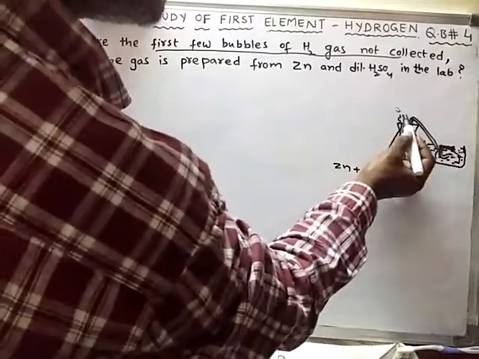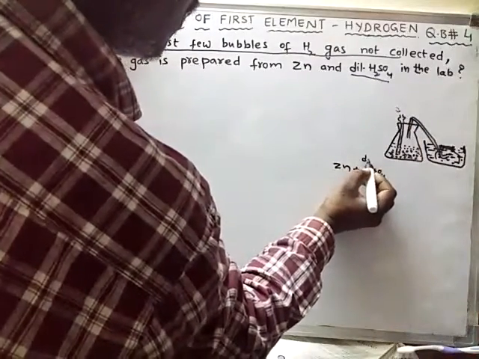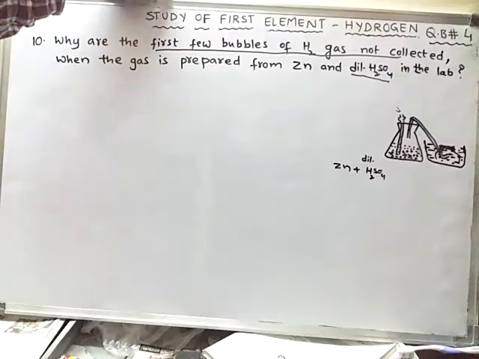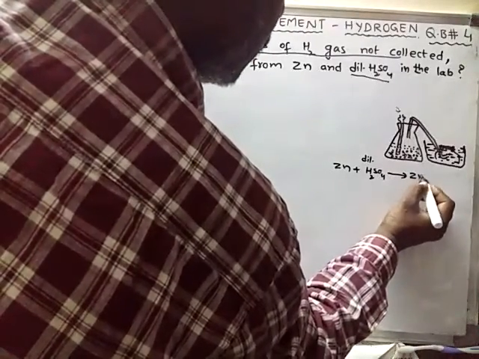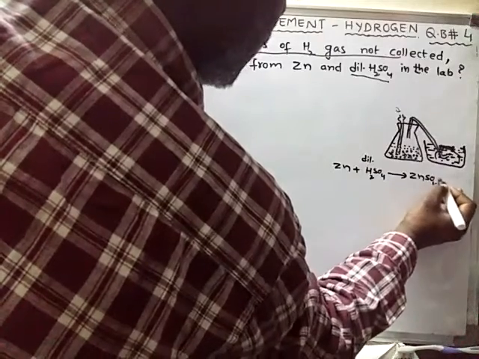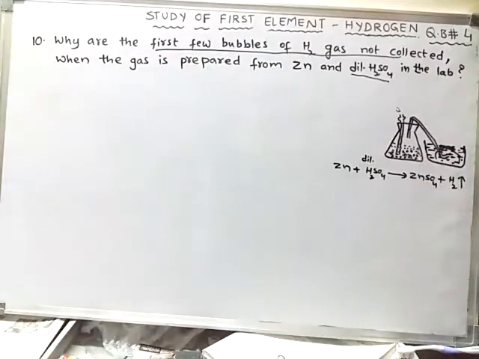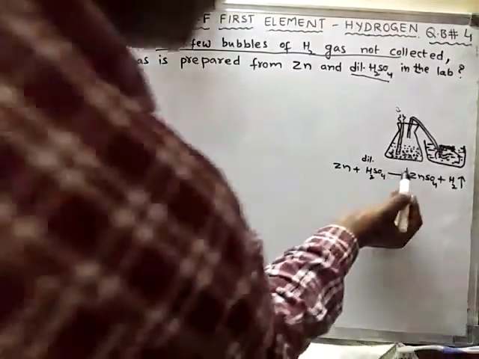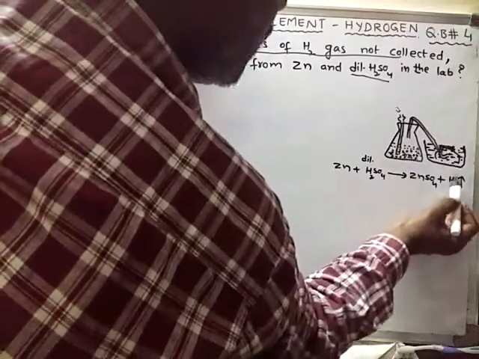Sorry, dilute sulfuric acid, not concentrated. Now the reaction takes place between the zinc and dilute sulfuric acid, and finally forms zinc sulfate, and hydrogen gas is liberated.